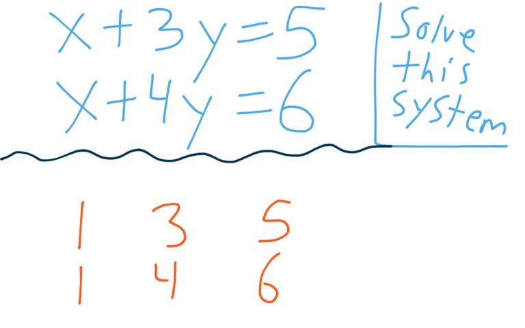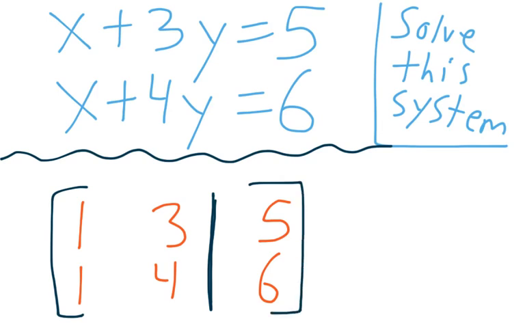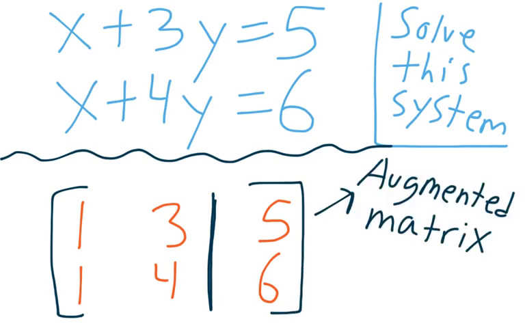Can you see where that came from? 1x plus 3y equals 5, 1x plus 4y equals 6. And so therefore, I'm going to put a little line here to separate the sides. Here is my matrix.